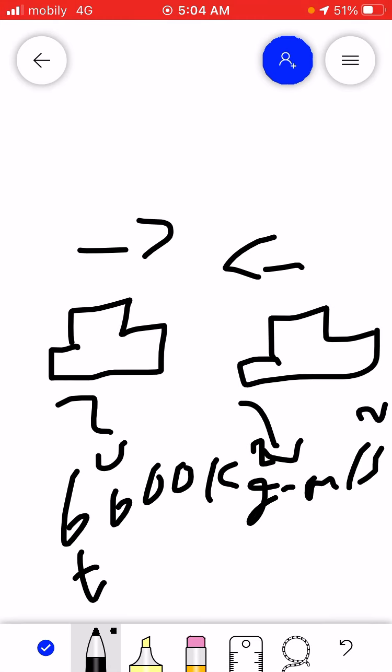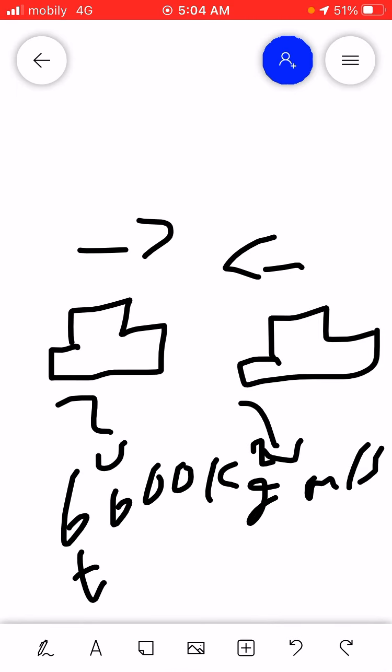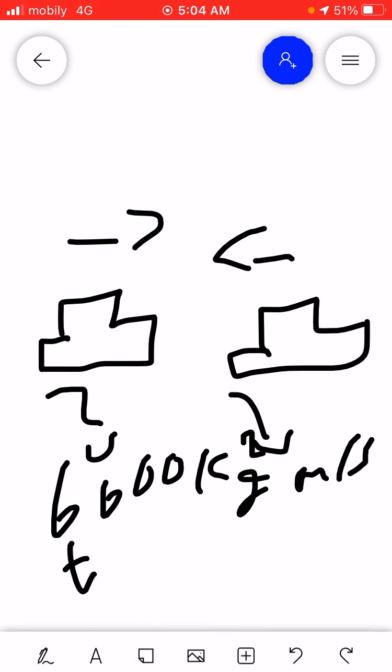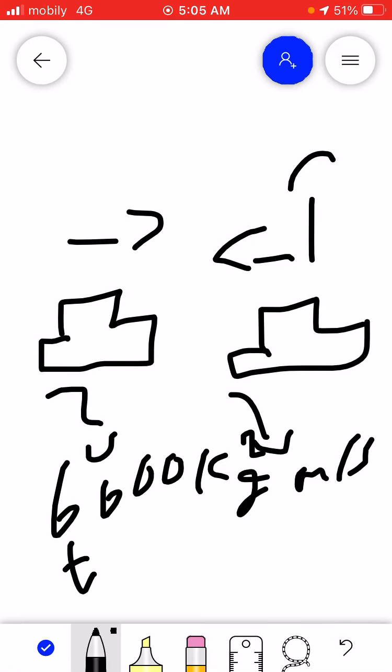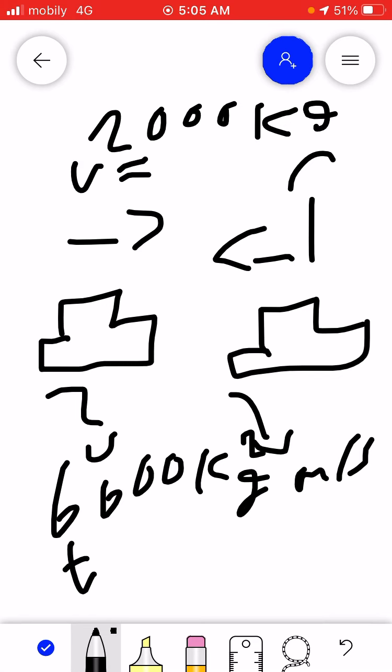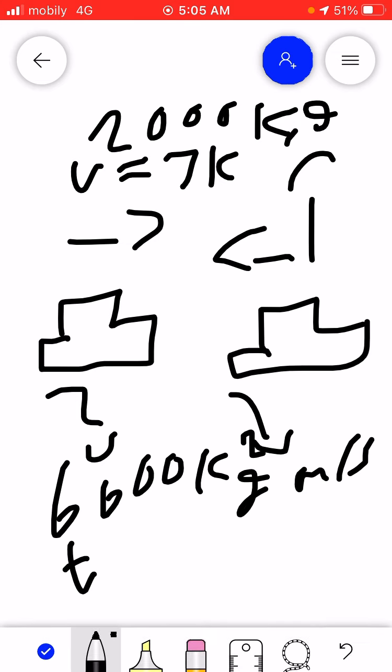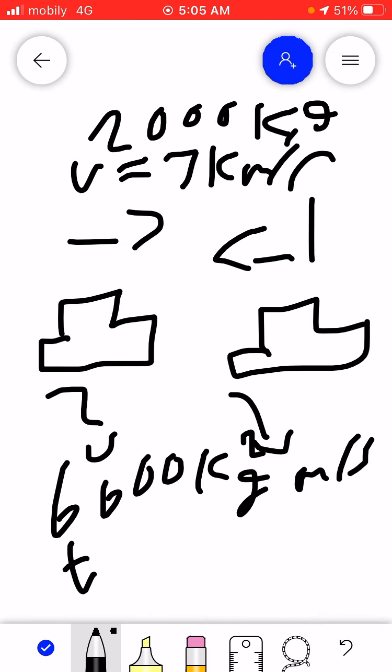All right, and the mass of the other car is basically 2,000 kilograms, because we say that the first car is half the size of the other car, and the velocity is equal to 7 kilometers per second squared.